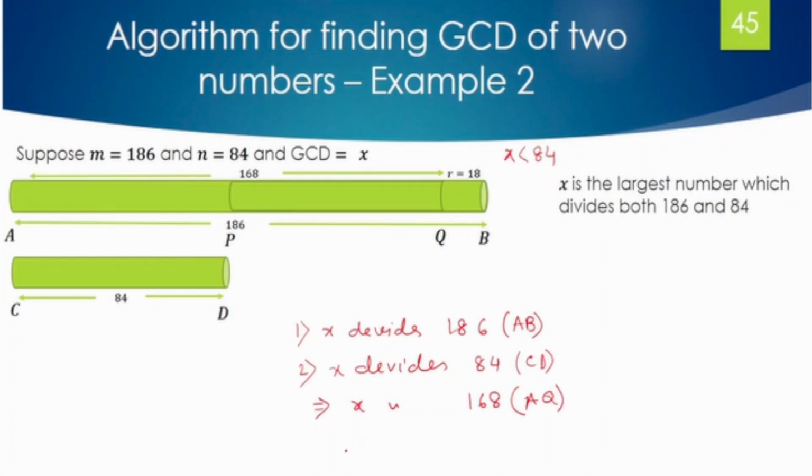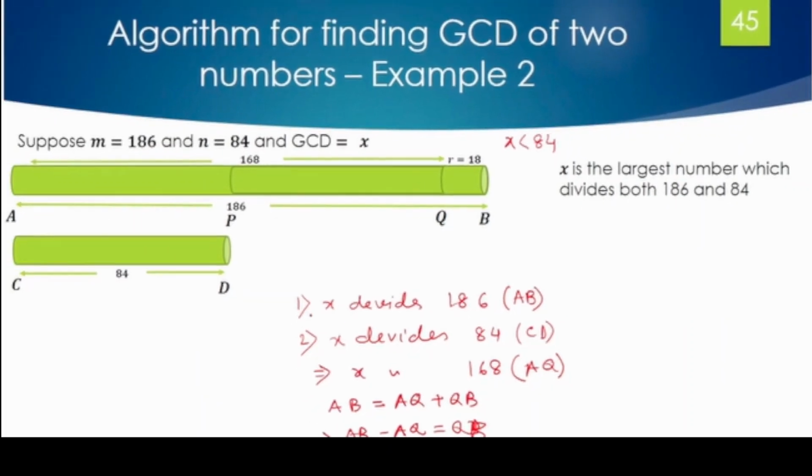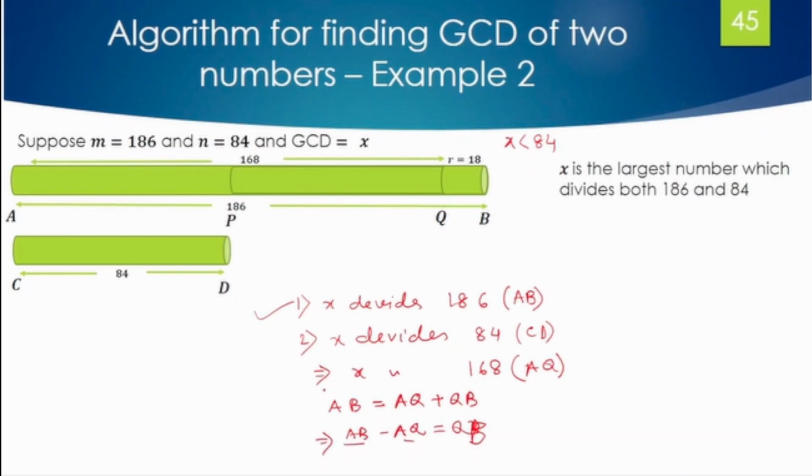Now from the diagram we can simply write that AB is equal to AQ plus QB, right? Now AB minus AQ should be equal to QB. AB is divisible by x by statement 1, and AQ is also divisible by x by this argument.